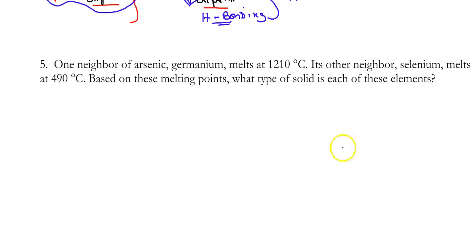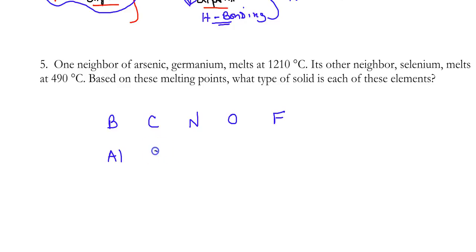All right, so we've got a neighbor of arsenic, germanium, melts at 120. Now, to just understand how this works, what we have is boron, carbon, nitrogen, oxygen, fluorine. And now under boron, we have aluminum in row 3.